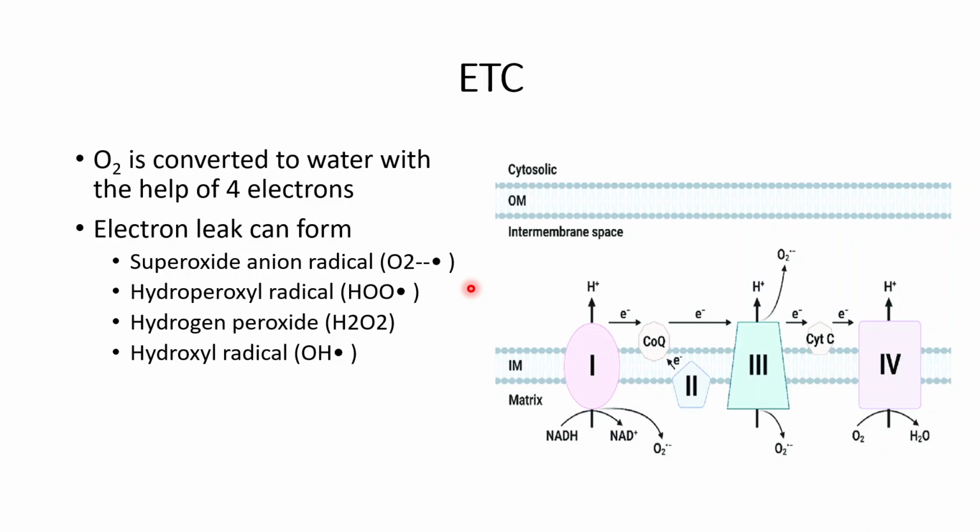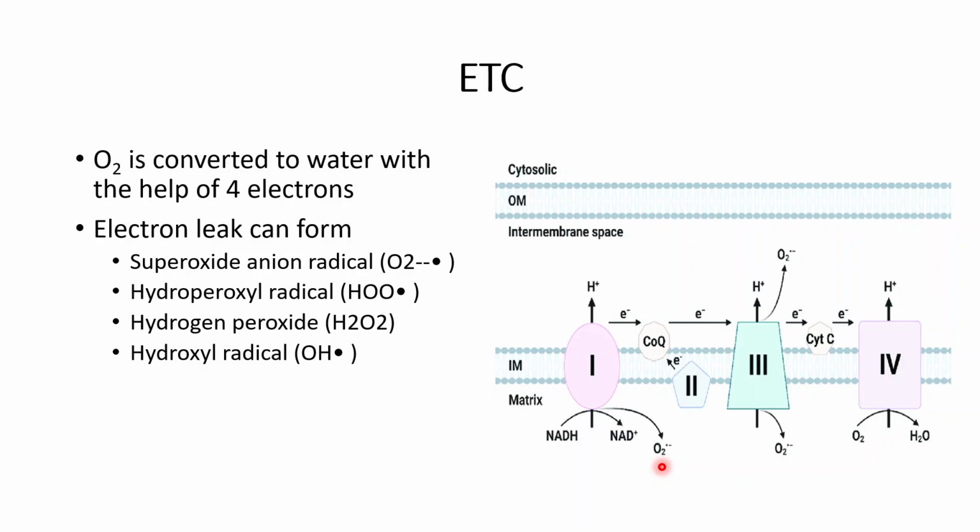So if the electron transport chain does not go normally, a slight variation can occur, and the electron, instead of getting transported to oxygen to form water, leaks and leads to formation of free radicals like superoxide anion, etc.